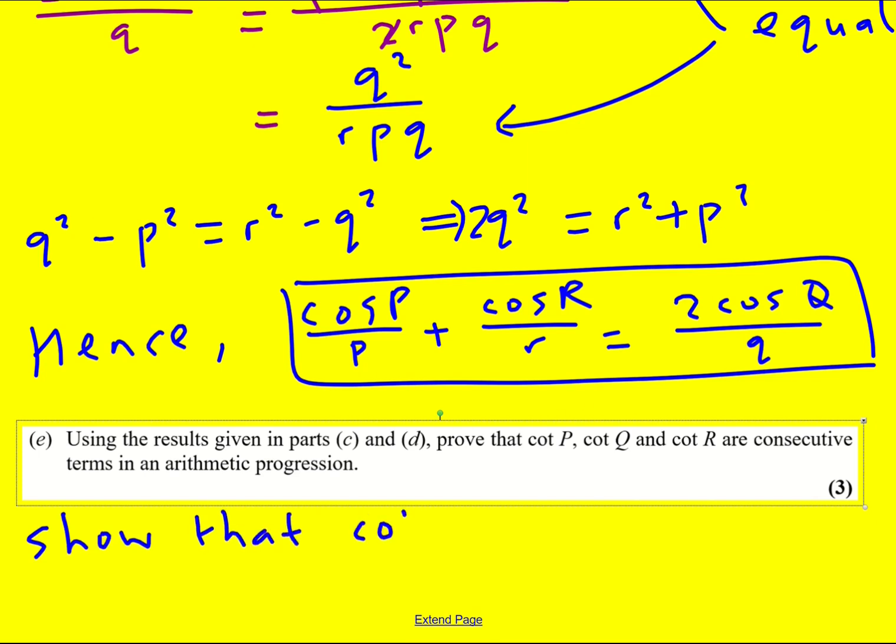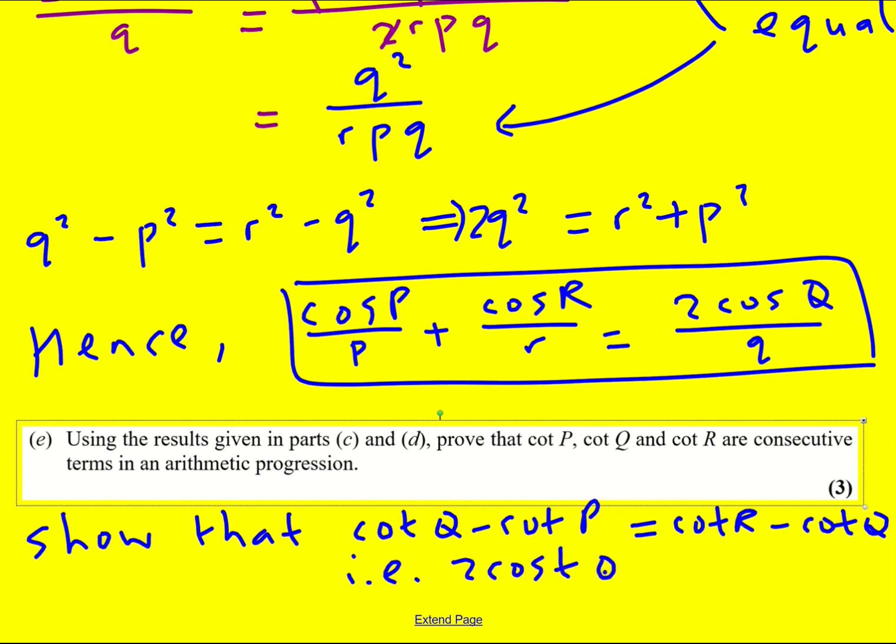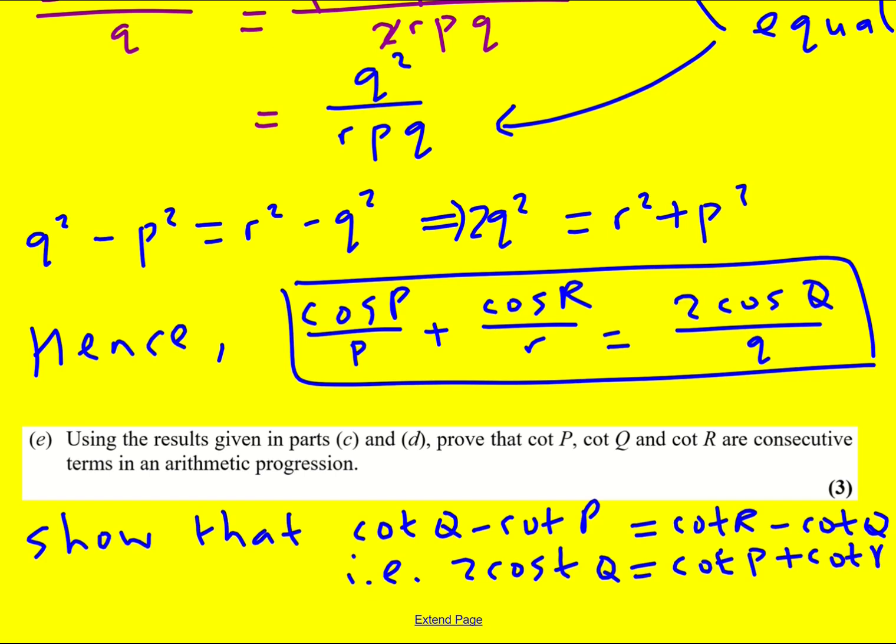So show that cot Q minus cot P, very similar to before, is equal to cot R minus cot Q, i.e. 2 cot Q equals cot P plus cot R. That's what we're aiming to show.